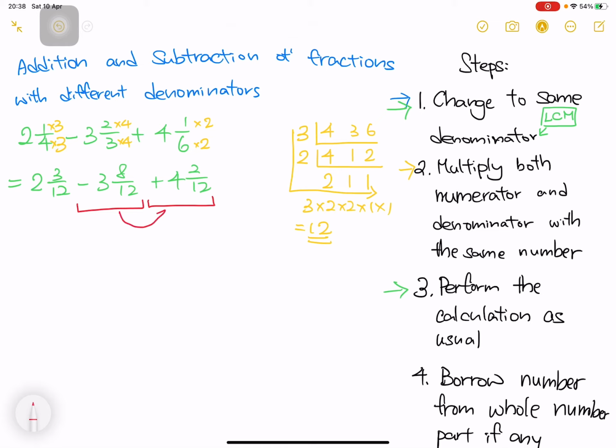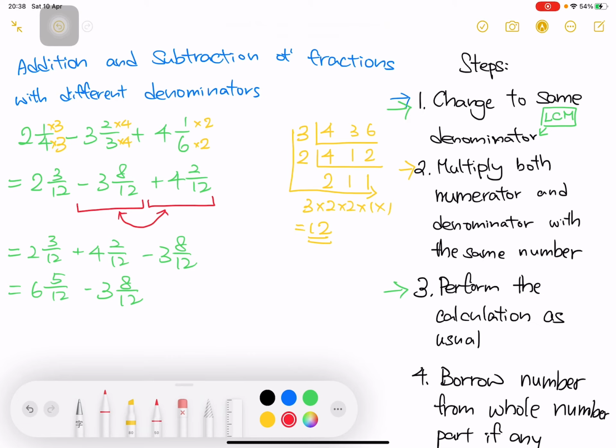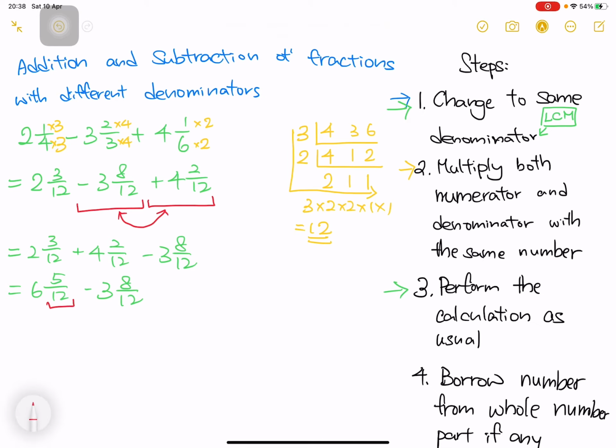You have to change this before you do the calculation, which is 2 and 3 over 12 plus 4 and 2 over 12 minus 3 and 8 over 12. And then you can get the answer, which is 6 and 5 over 12 minus 3 and 8 over 12. And you see that this time, the first fraction part is smaller than the second one.